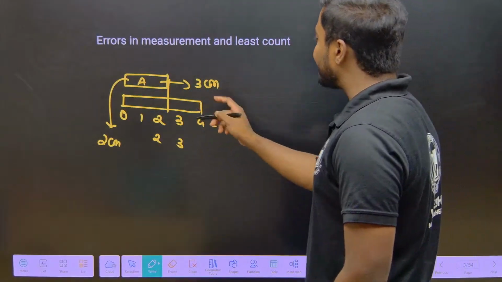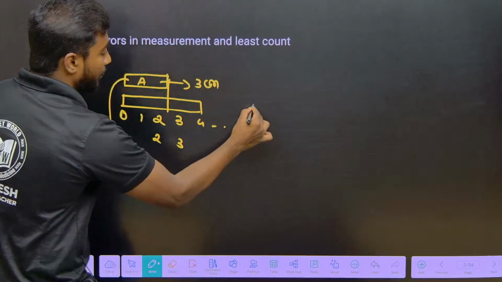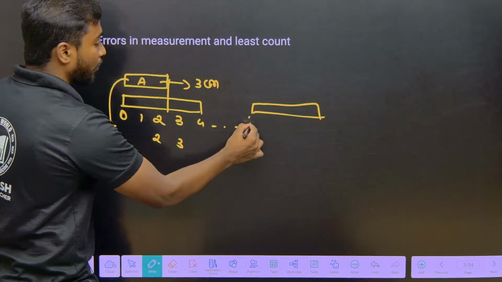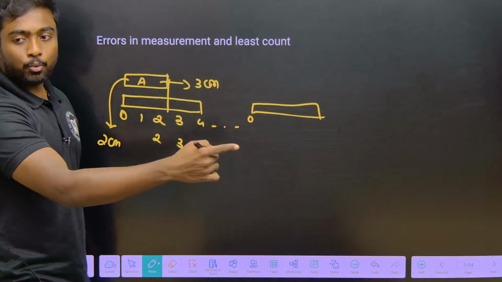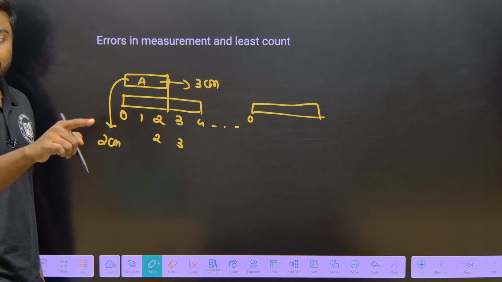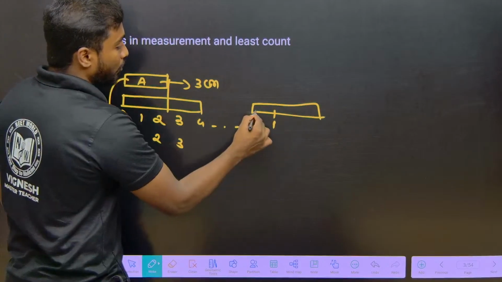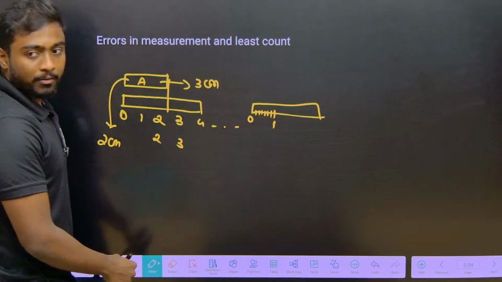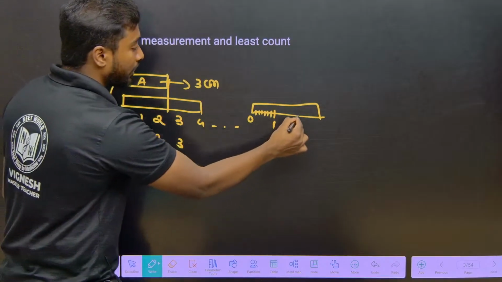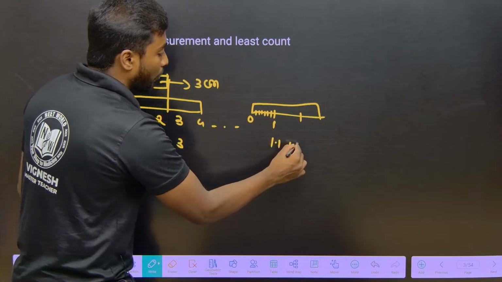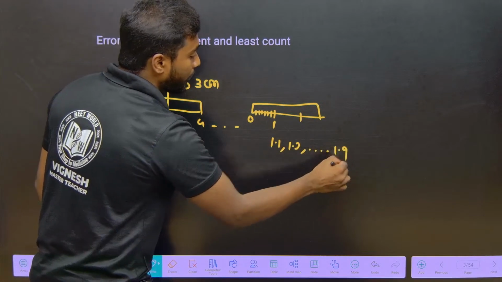Suppose I take the scale we use in day to day life: 0, 0.1, 0.2, 0.3 up to 0.9 and then 1 centimeter. So there are points in between 0 and 1. Similarly between 1 and 2 the points are 1.1, 1.2 and so on up to 1.9.